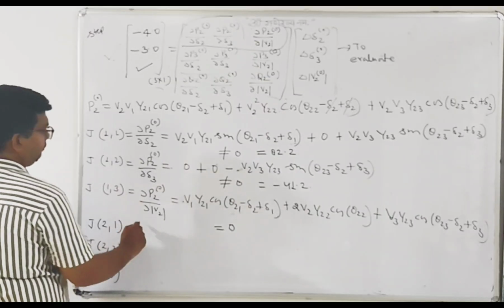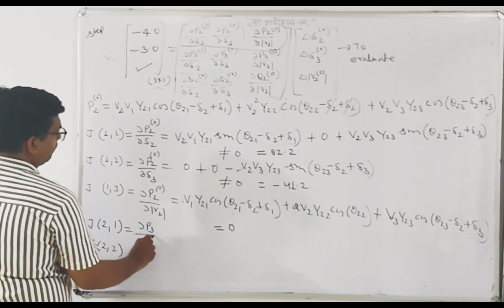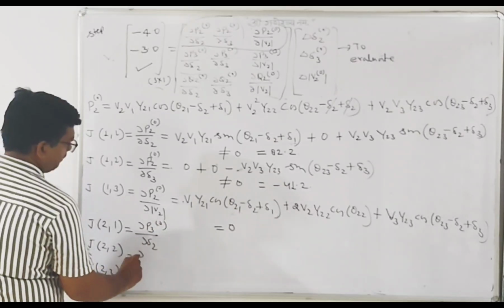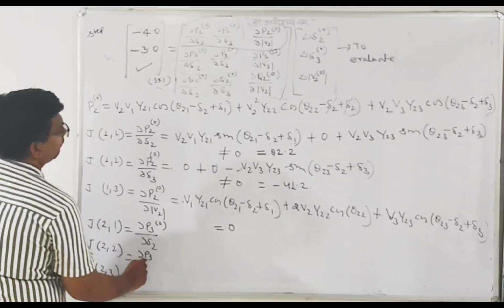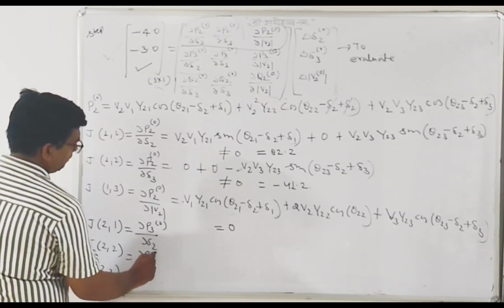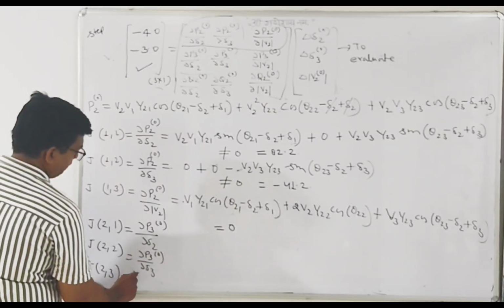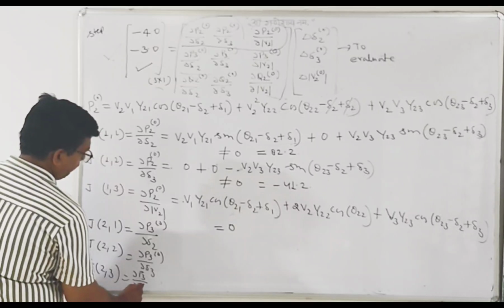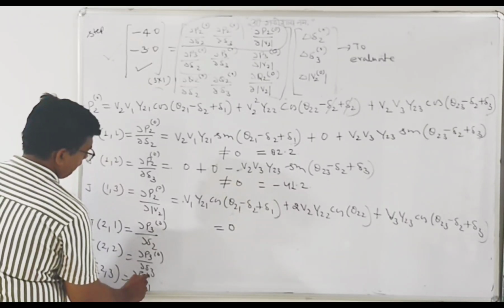Now what is this value? Delta P3 with respect to delta 2, delta P3 with respect to delta 3, and delta P3 with respect to mod of V2.